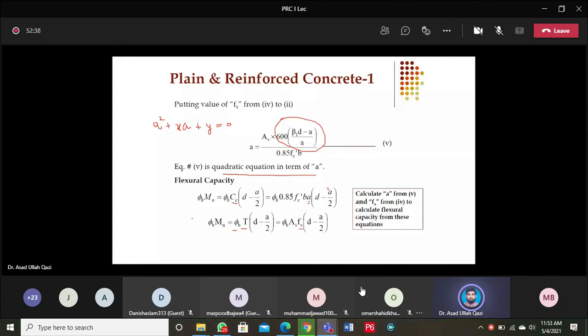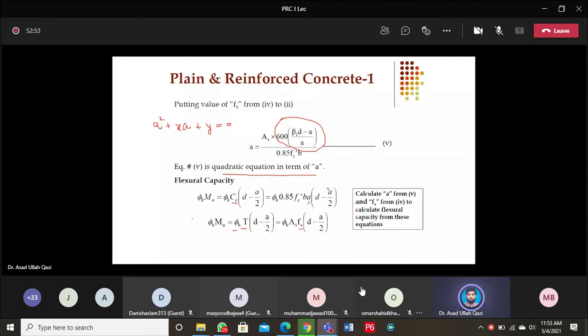Unlike under reinforced cross section, in which very quickly we can determine the capacity, because As Fy and the lever arm is d minus a by 2, and a we are knowing it is beta 1 3 over 8 d.